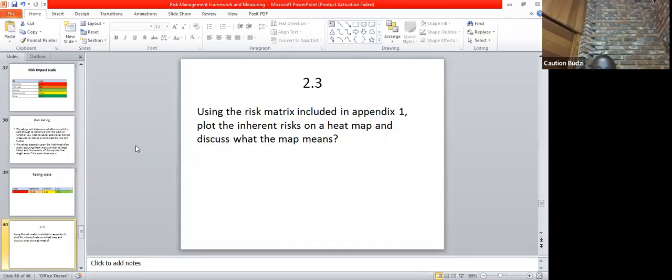Question 2.3 reads: using the risk matrix included in Appendix 1, plot the inherent risk on a heat map and discuss what the heat map means.